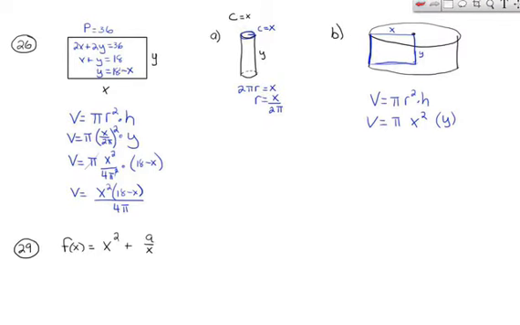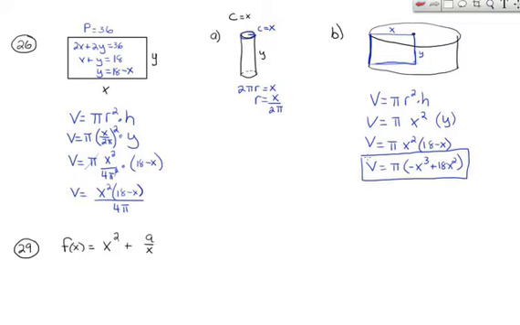I've already done the work to find the conversion. So now we simply get pi x squared times y, which is 18 minus x. And so now volume equals pi times negative x cubed plus 18x squared. And I would just need to now take the derivative.